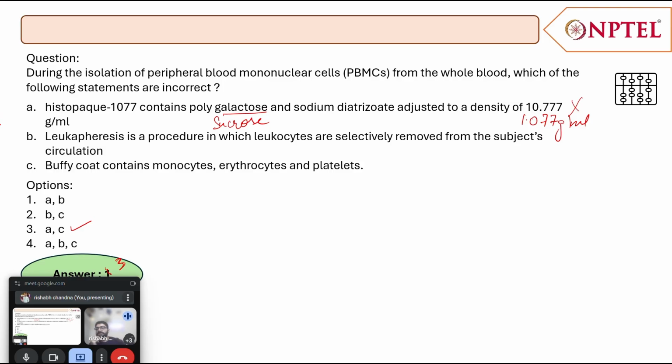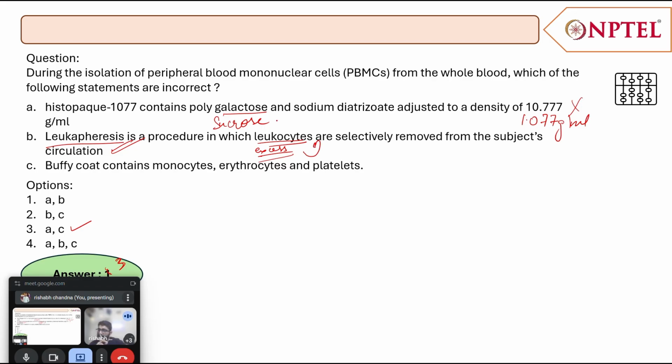Then the second statement: leukapheresis is a procedure in which leukocytes are selectively removed from the subject's circulation. Yes, this is a correct statement. In leukapheresis, excess leukocytes are selectively removed from the patient's body, and the rest of the components, for example plasma and platelets, are then directly added back to the subject.